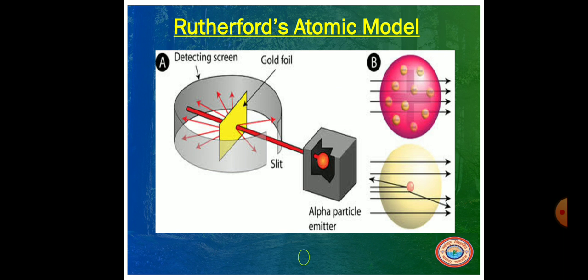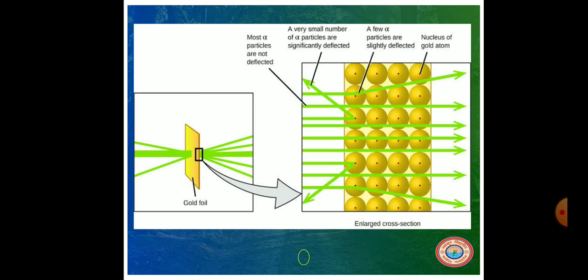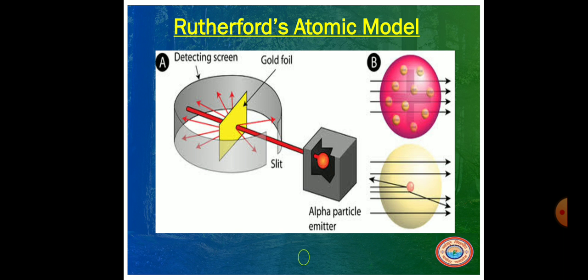So what will you do? You will press the brakes of the car and put the car into the reverse gear and take it back. So same conditions happen with the alpha particles.